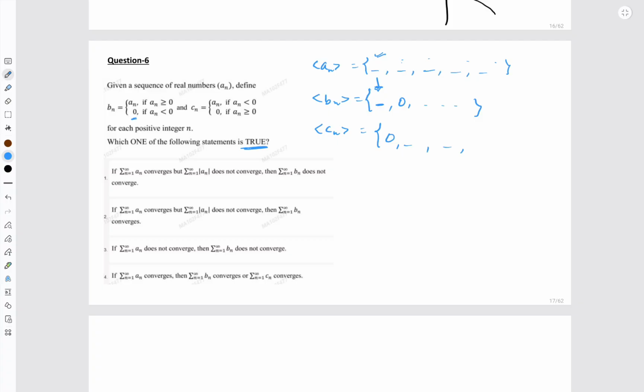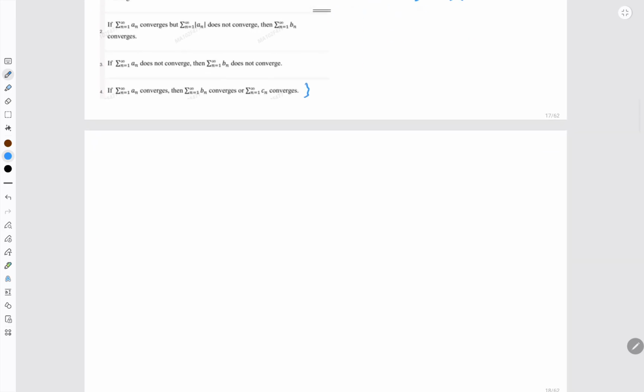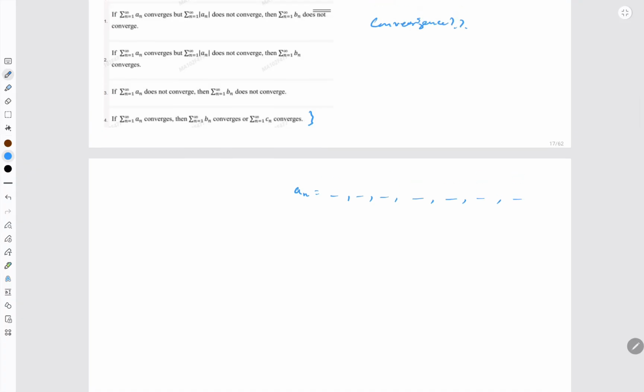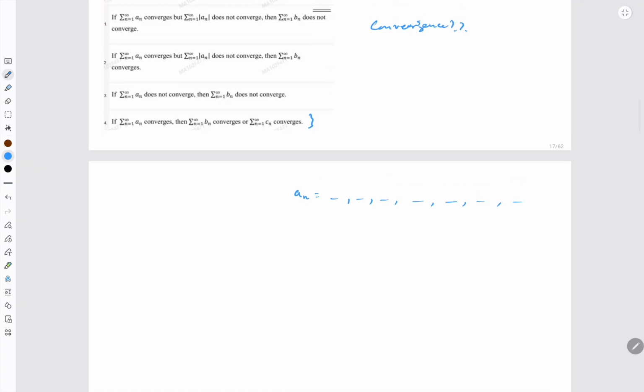Okay. Now option 4 is not true directly if you read it. Because what is the meaning of convergence? I'm not asking about the equation and limits and things like that. What is the meaning of convergence? If you can feel a series converging, I mean, if I write a_n as a sequence of some random numbers, there can be positive numbers as well as negative numbers.